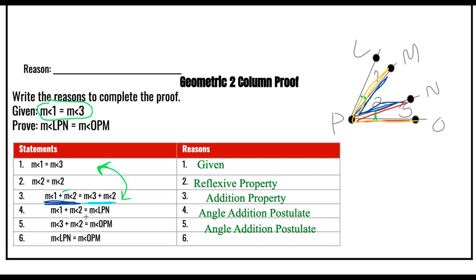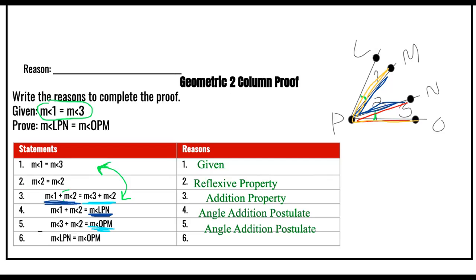Angle 1 and angle 2, they tell us is LPN right here. Dark blue equal. Then they tell us in statement 5 that 3 and 2 is equal to OPM. So dark blue is equal, light blue is equal. That means you can substitute them as you choose to. You can take out and replace with each other interchangeably because they're equal.